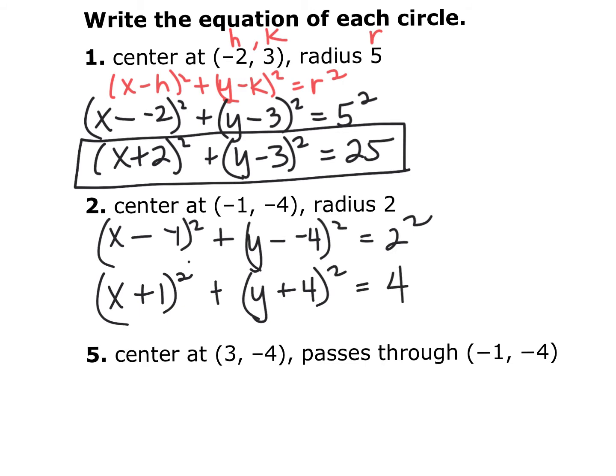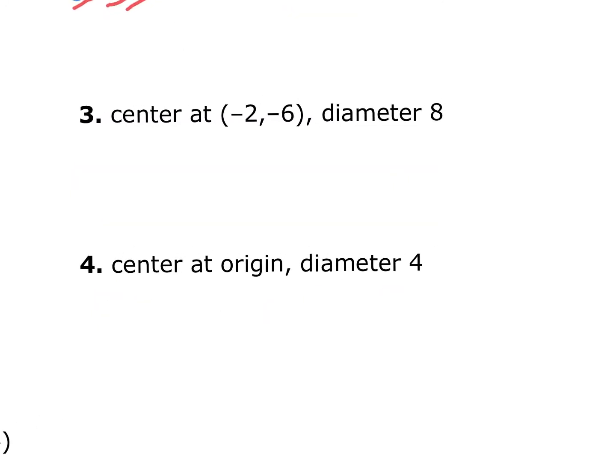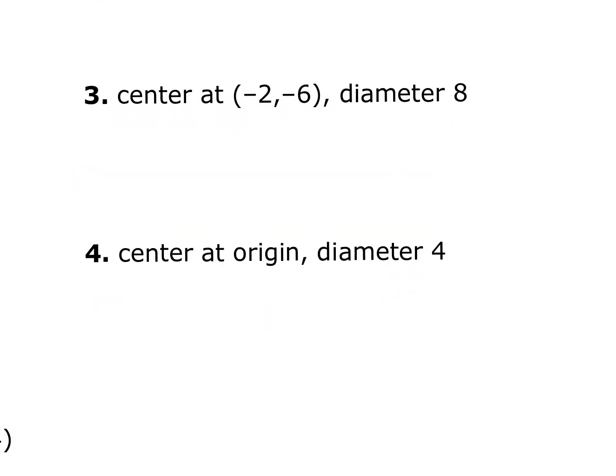All right, let's do another one. Here we have our center at (−2, 6), but our diameter is 8. So that makes our radius equal to the diameter divided by 2, so that would make it a 4.